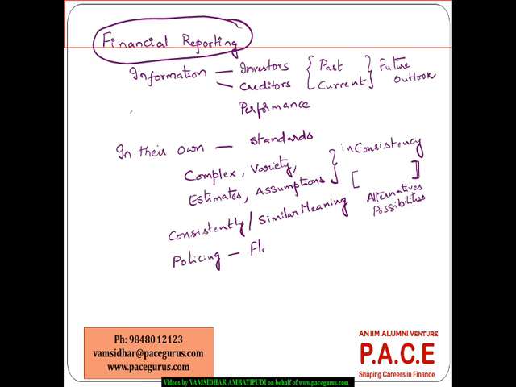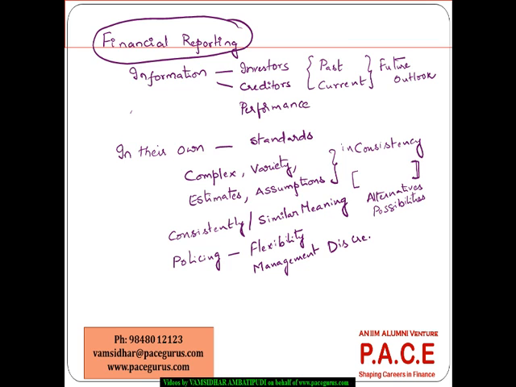So while on one side providing that kind of policing or standardizing, on the other side there should be some amount of flexibility also built into them, so that some numbers can be left to the discretion of the management purely based on the kind of business they do.